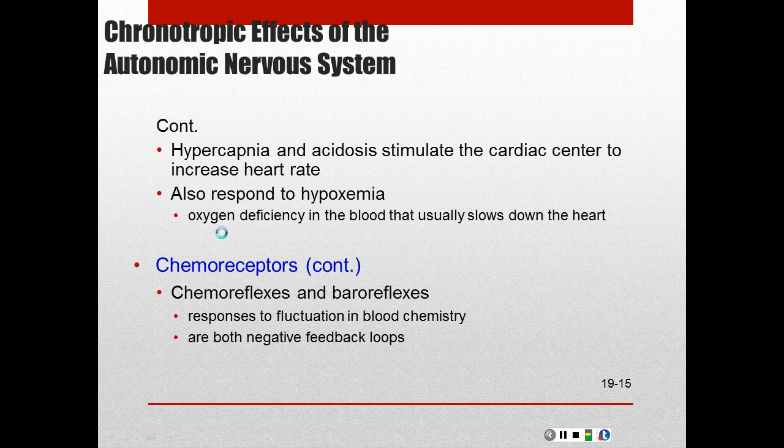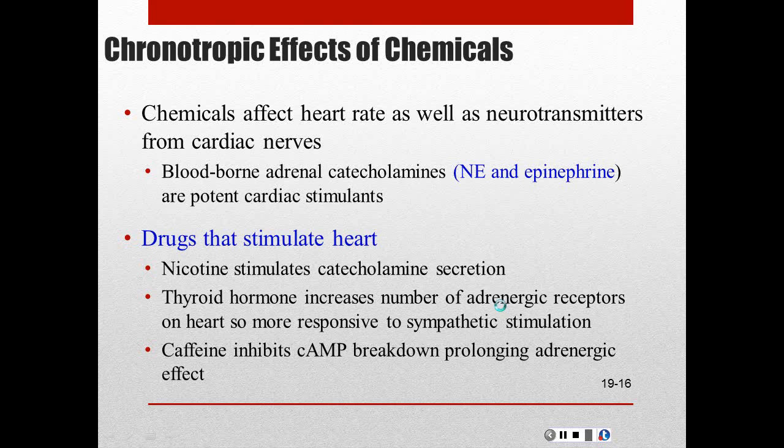Yep, here it is on this page. Here we have our hypercapnia and our acidosis, and we have our hypoxemia. And here are our chemoreflexes and our baroreflexes that are responses to fluctuations in blood chemistry as well as pressure, and are both negative feedback loops.